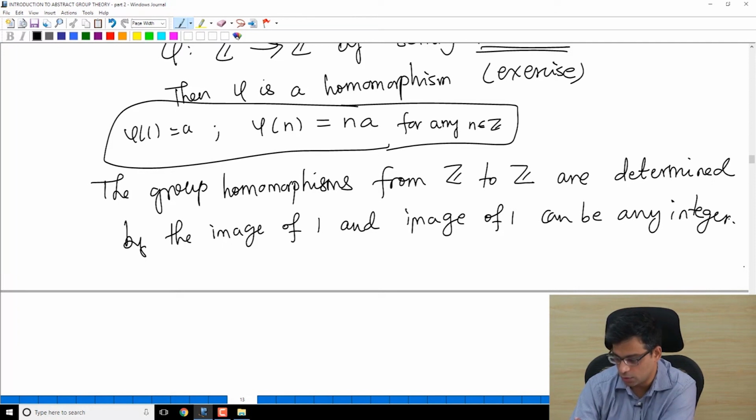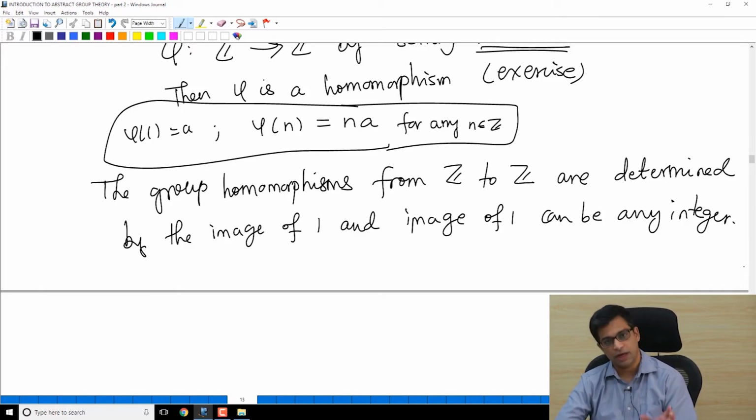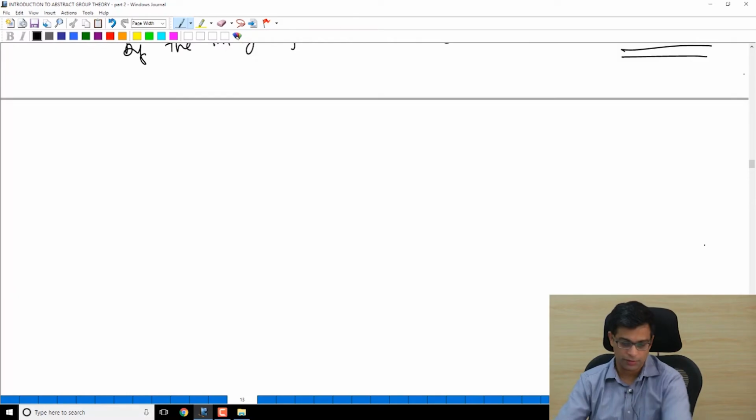So this is the answer to the question. The group homomorphisms from Z to Z are determined by the image of 1, and the image of 1 can be any integer. So you have group homomorphisms from Z to Z are determined by integers again. So they are determined by Z again. That is the solution to this problem.